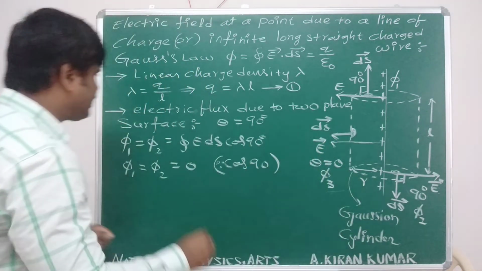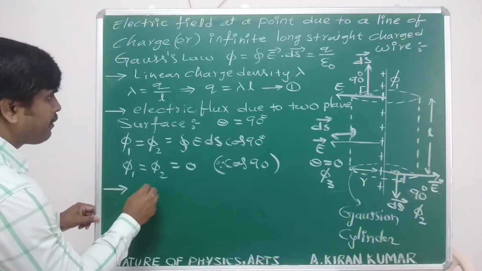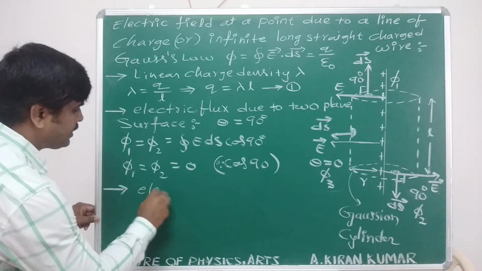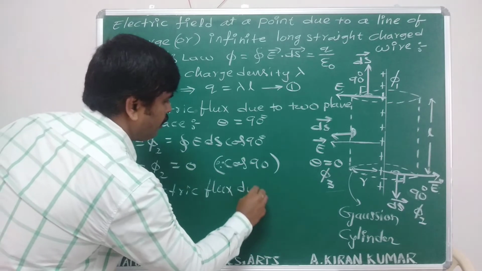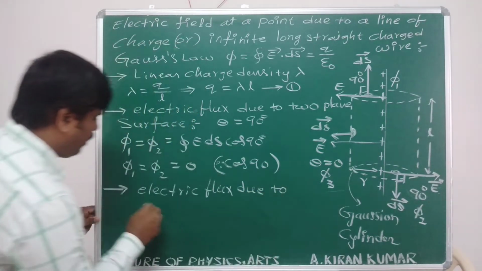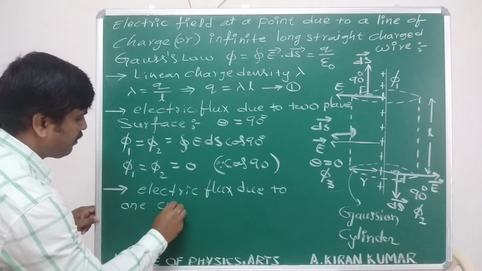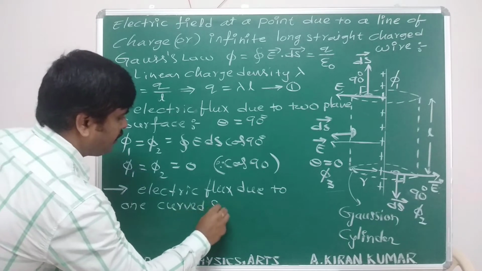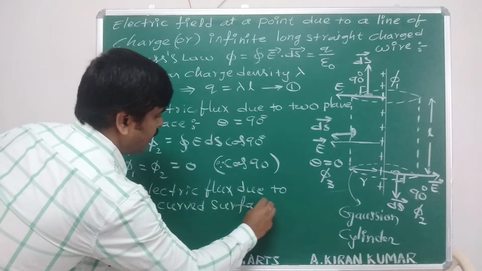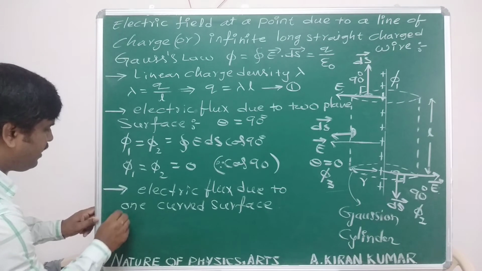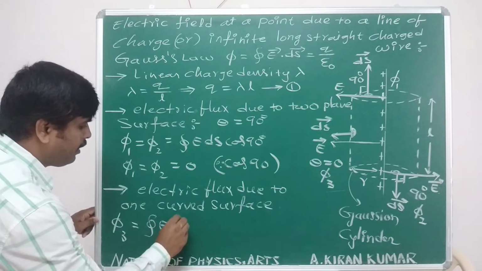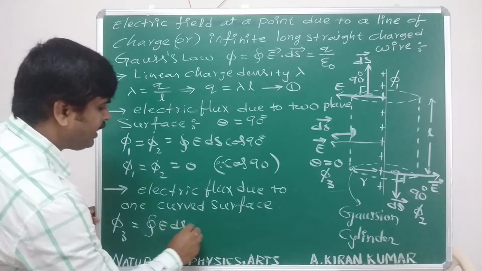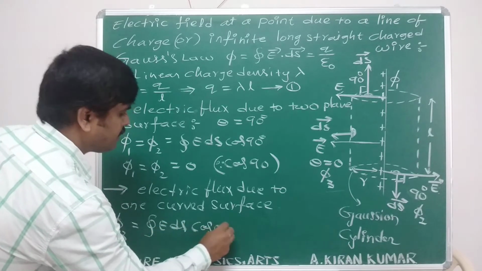And next is the curved surface, that is the electric flux due to one curved surface, phi 3, which is equal to closed integral E bar dot ds bar, that is E ds cos 0.